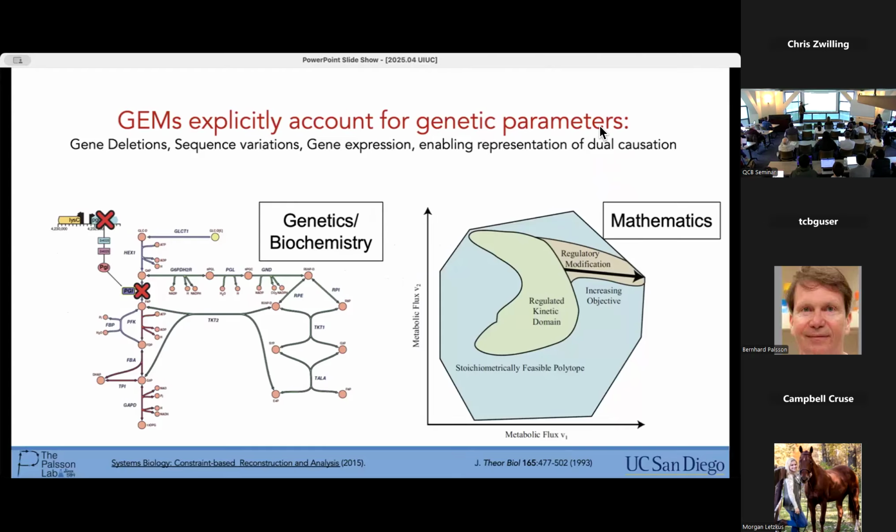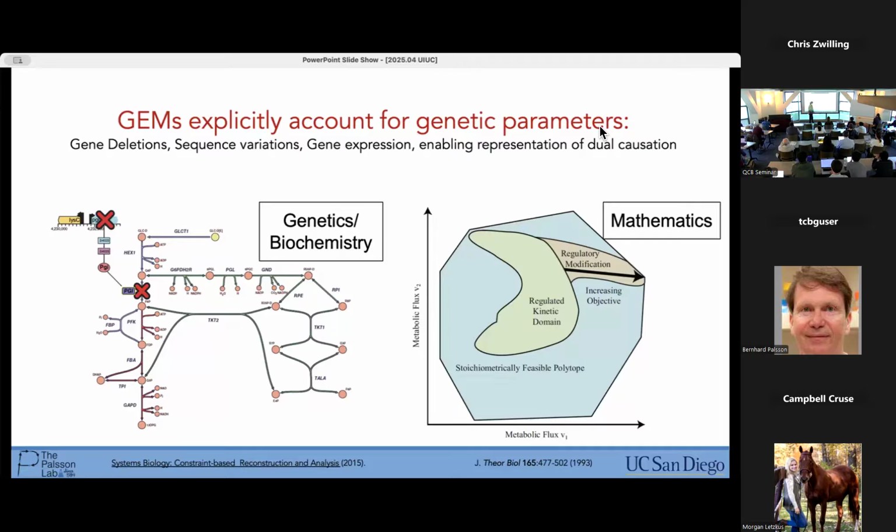So a reaction like this PGI reaction here, glycolysis, is linked to a gene. It's linked to a transcript, protein, and the gene. So if I knock out this gene, this goes away. And that's just described by a Boolean statement. No on this, no on this, right? And of course, there are much more complicated assembly reactions of protein complexes than shown here. So you can actually apply this to pretty complicated stuff.